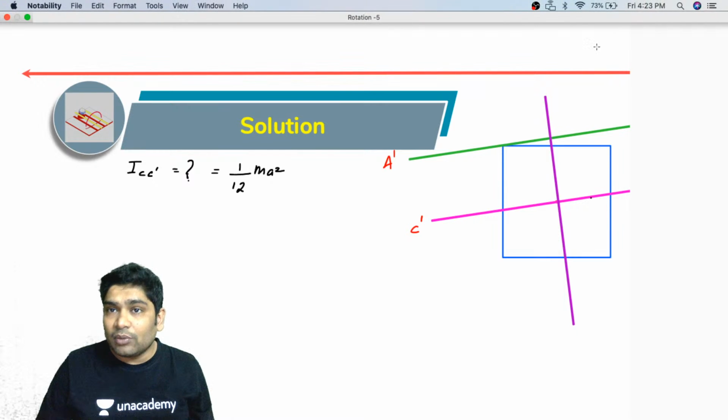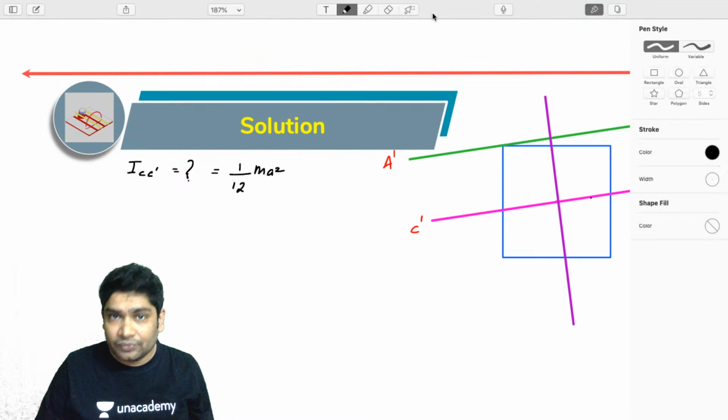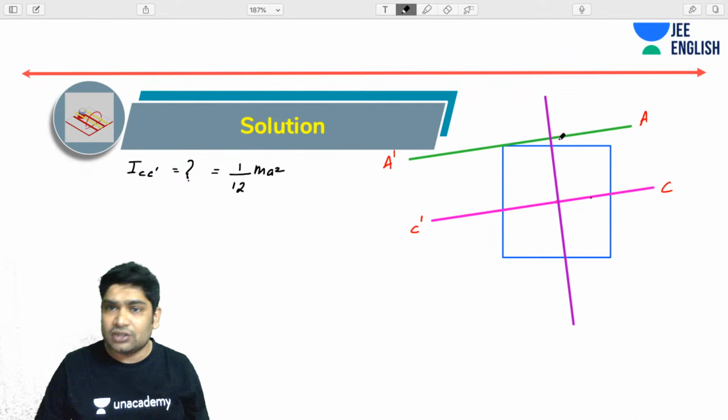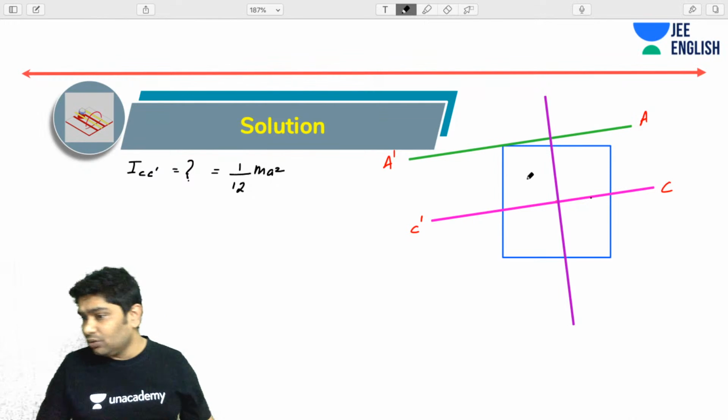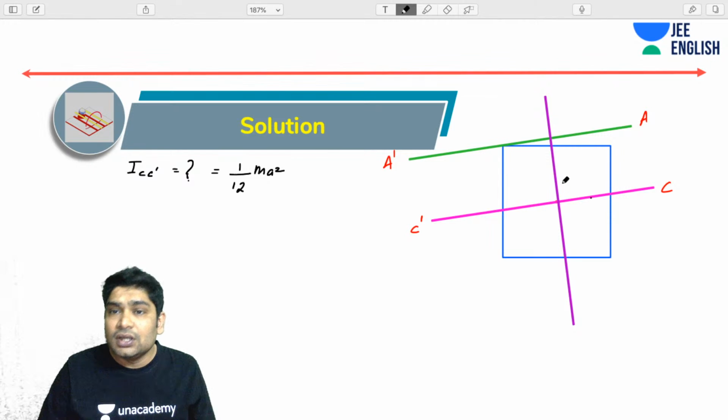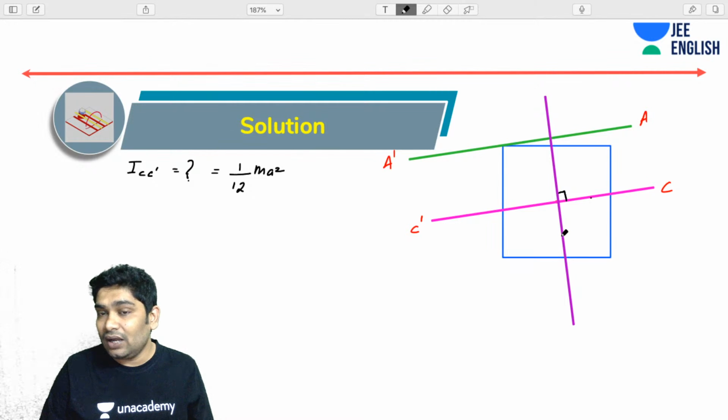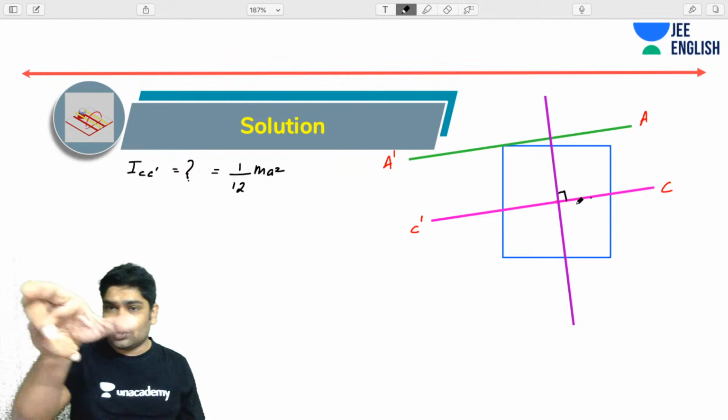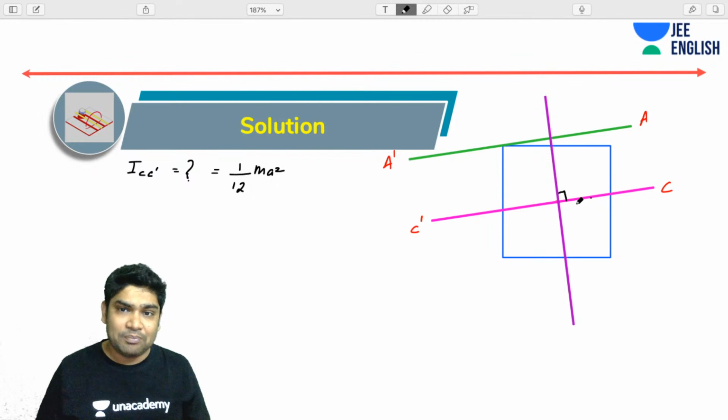Okay, now what I'm going to tell you is, think about this: look at the mass distribution with respect to the two axes. Since a square is a symmetric shape, this half and this half would be identical to this half and this half that you see. I hope you realize if I turn a square by 90 degrees, it appears exactly the same.